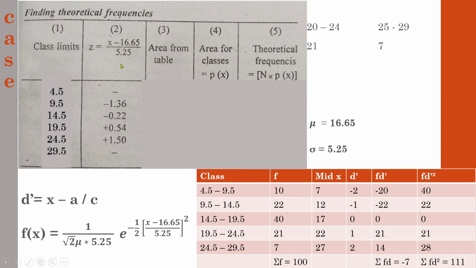So write down the value and use the corresponding sign after you get the computation. So put the negative value. Next one, x minus mu divided by standard deviation. We are going to the next variable, that is 14.5.